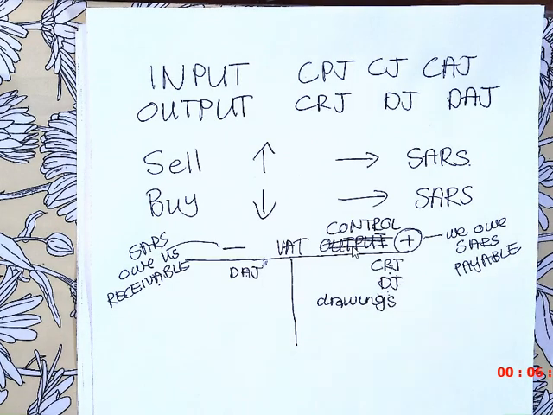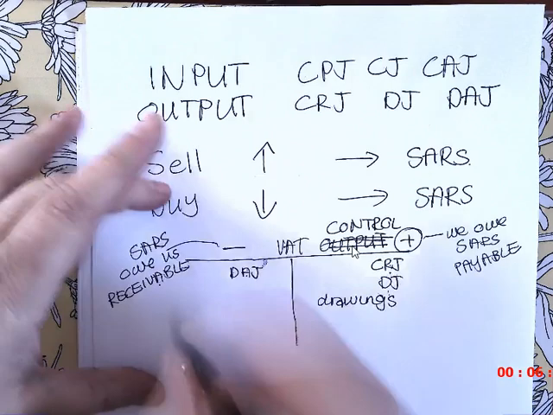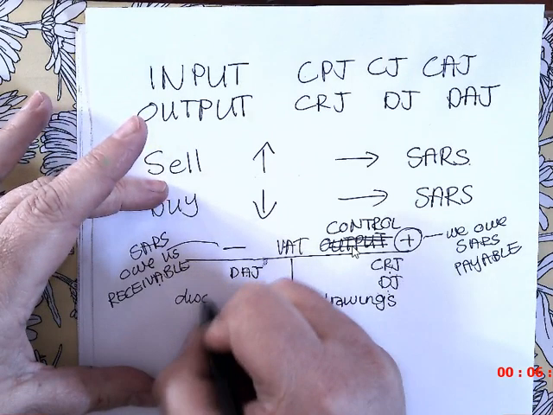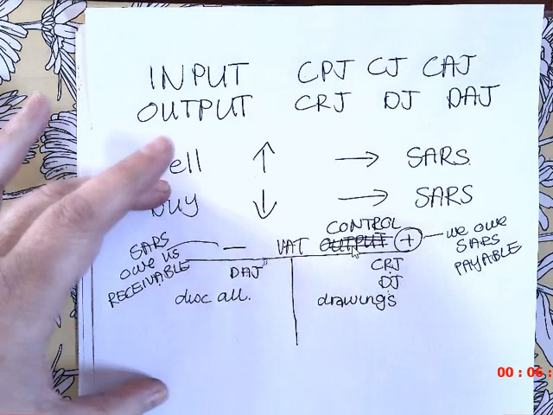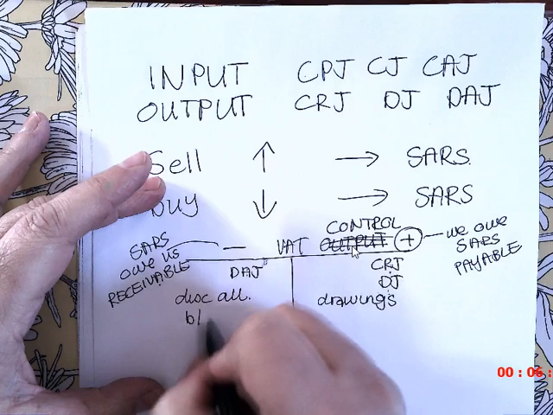Because it's like, you buy from me for 1,000 rand, but you only pay me 900, because 100 rand was discount. Is my sales then 1,000 or 900 actually? I only have to declare VAT on the 900, you see? But now I've already declared VAT on the 1,000. So what am I going to do? I'm going to subtract the VAT on the discount I allowed. Okay? The same goes with bad debt.